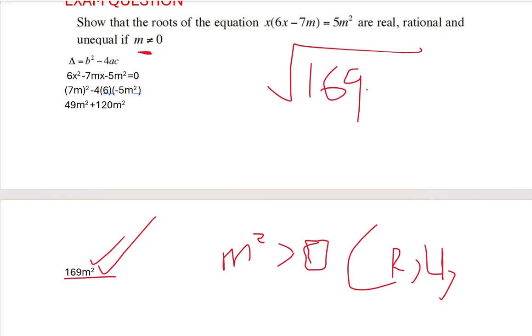Square root of 169m squared, just to test if it's a perfect square or not, you get 13m. So 13m is a perfect square. So hence your roots are real, unequal, and rational. Remember, if you have a perfect square, meaning your roots are rational. Thank you.